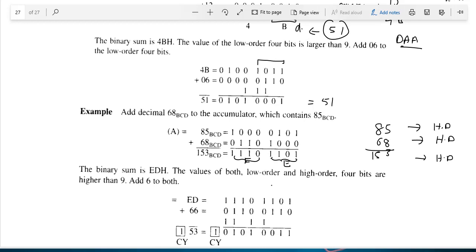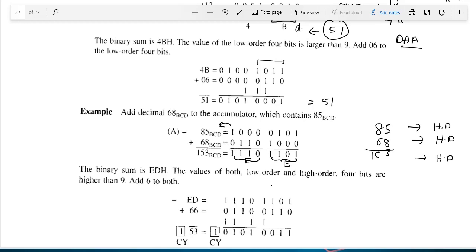Okay, so I told you, if the lower 4 bits of the result are greater than 9, or if there is a carry from D3 to D4, then we will add 6 to the lower 4 bits. In the same manner, if the upper 4 bits of the result are greater than 9, or there is a carry from the D7 bit, then we will add 6 to the upper 4 bits of the result.